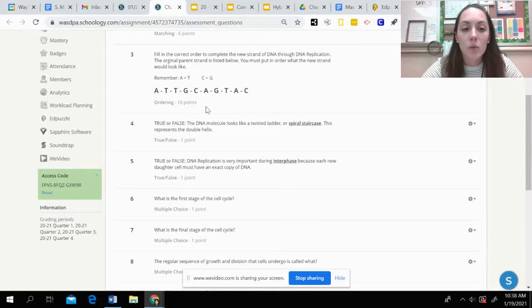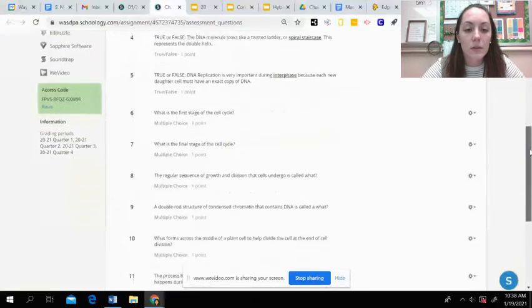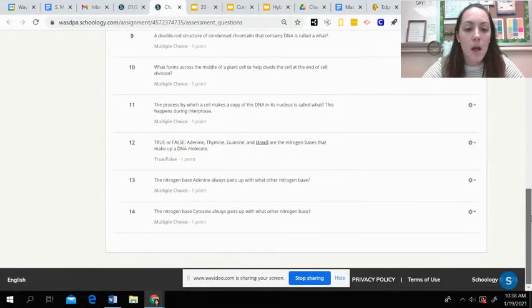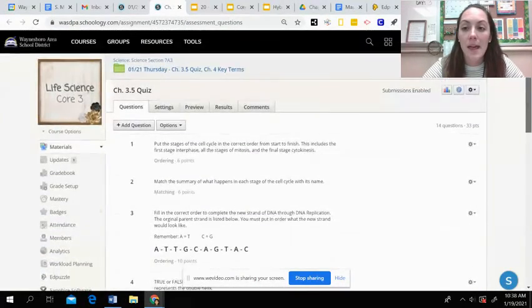You need to put in order what the new strand would be. To give you a clue, my new strand would start with T, A, A, and then I would continue on. Then you have more true and false, multiple choice, and then that is it.